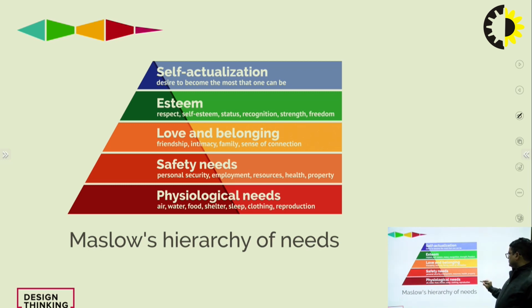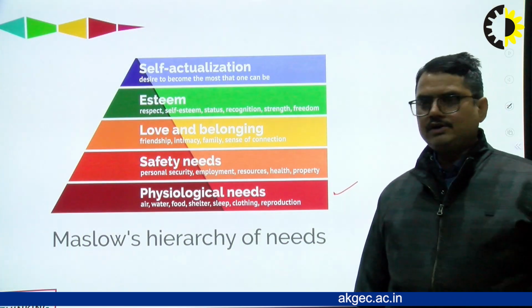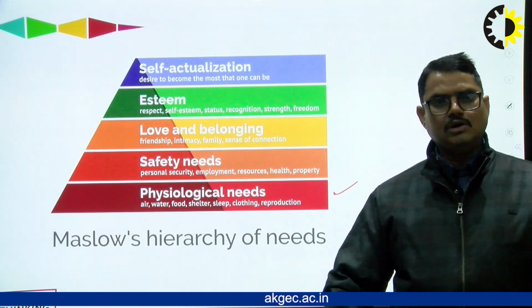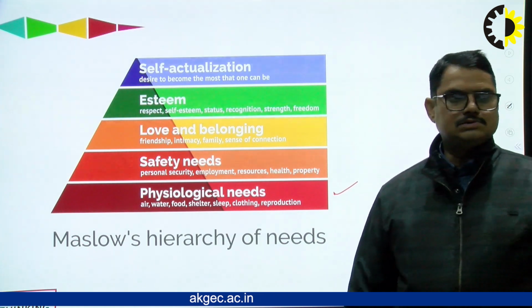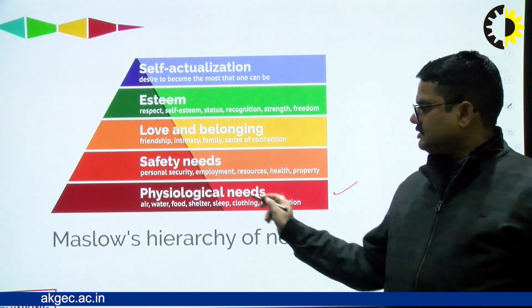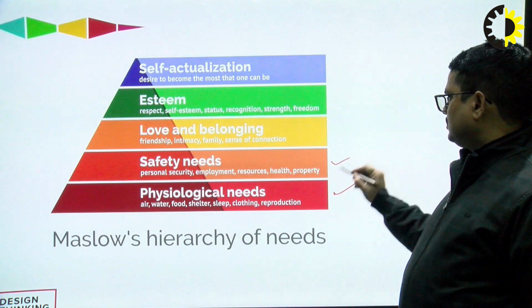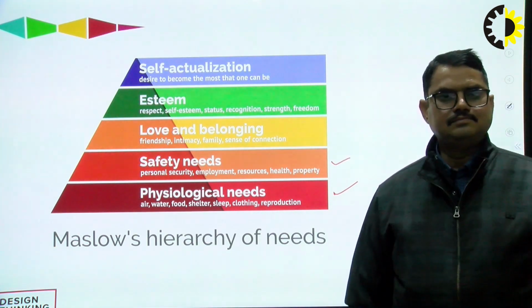The first level represents the physiological needs that are very basic. Every human being first tries to fulfill these needs. We all try to fulfill these physiological needs. Then, once these needs are fulfilled, we start thinking about the next level, the safety needs.